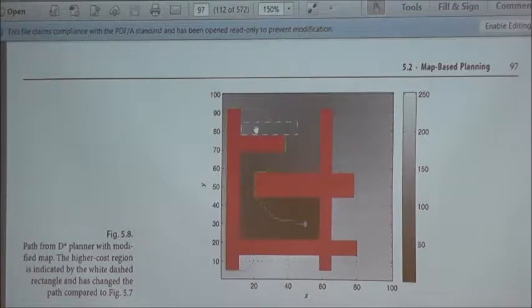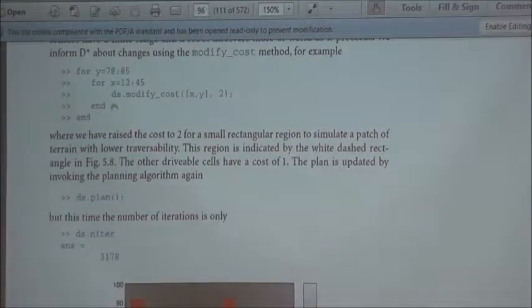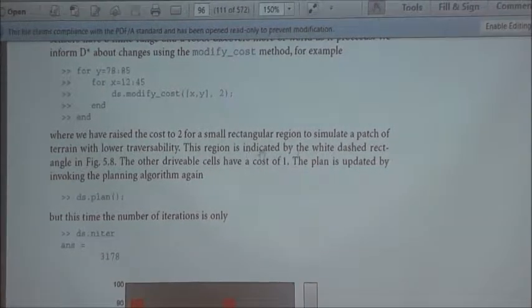Okay, so this dotted rectangle you see is described right here, where we have raised the cost to 2 for a small rectangle region to simulate a patch of terrain with lower traversability. This region is indicated by the white dashed rectangle in this figure. The other drivable cells have a cost of 1.